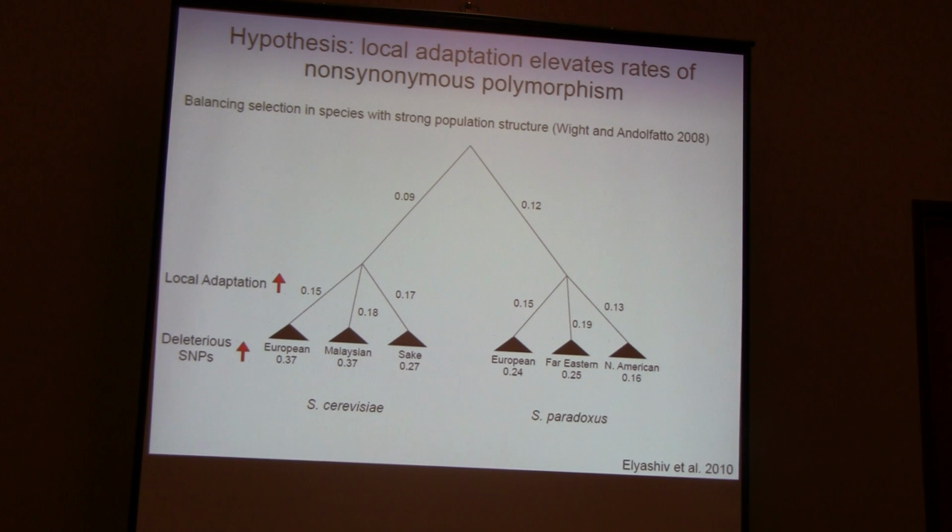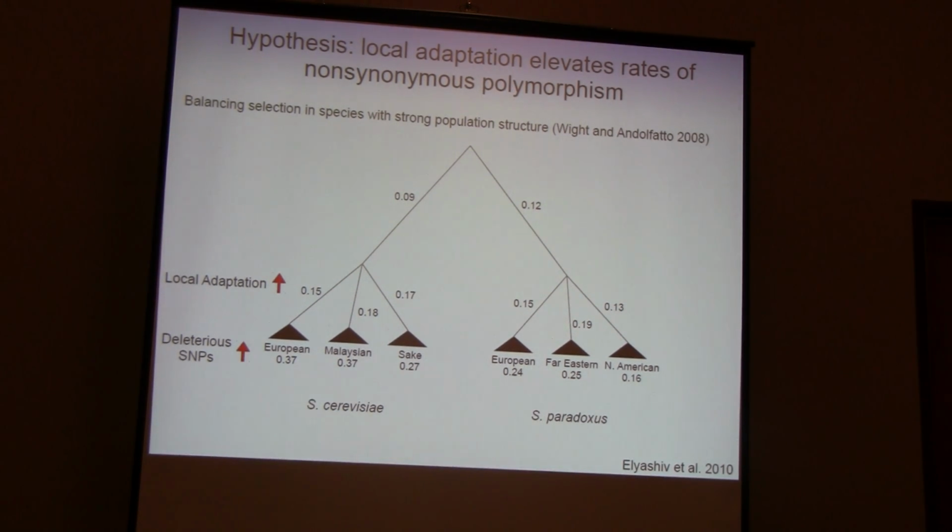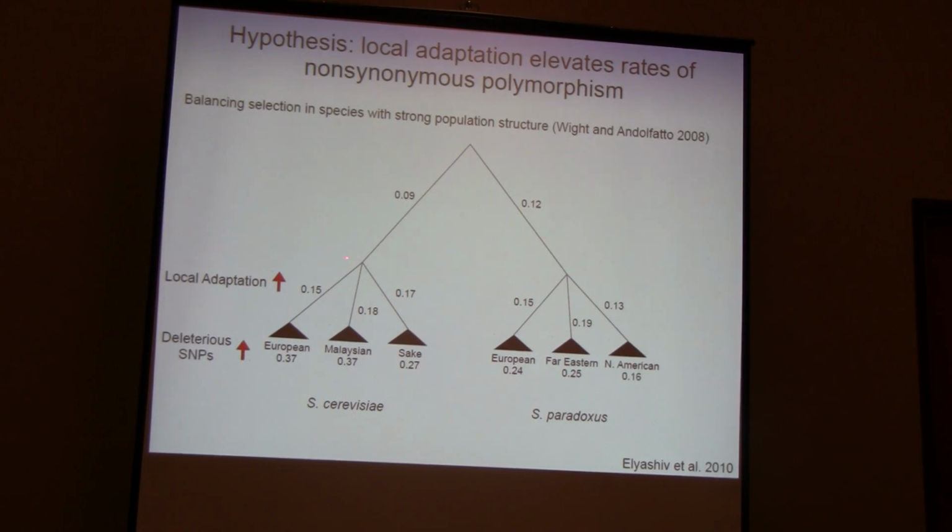And if this occurs, it could obscure a signal of positive selection of adaptive evolution between species, because if these numbers are elevated due to local adaptation, then you would detect no elevation of adaptive evolution between species.